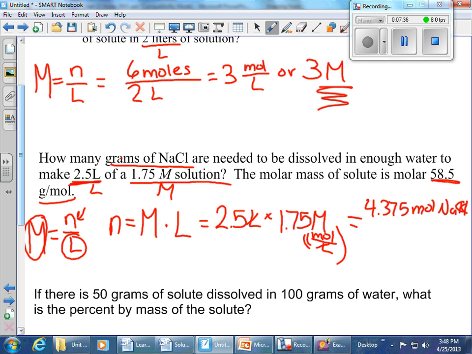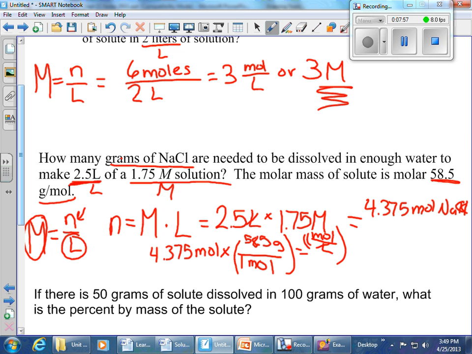But I'm not done. I want grams. So I'm going to take my 4.375 moles and convert it to grams. I know 1 mole equals 58.5 grams because it tells me that up above.